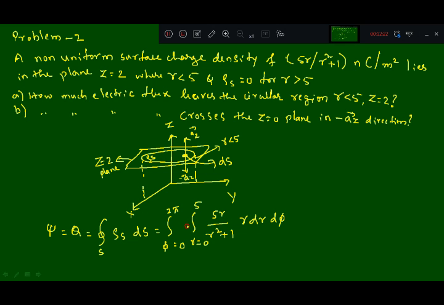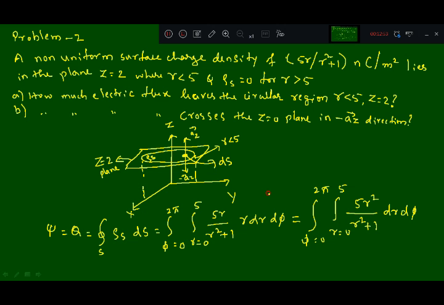So what does this equation become? This is nothing but the integration of phi from 0 to 2 pi, integration of r from 0 to 5, of 5r square divided by r square plus 1, into dr into d phi. Okay.